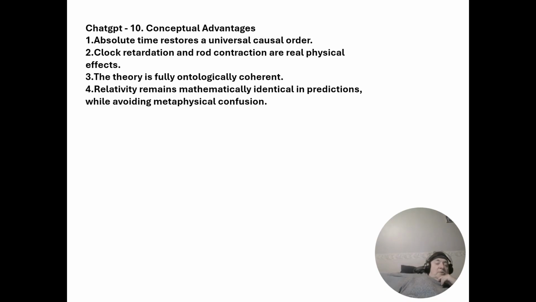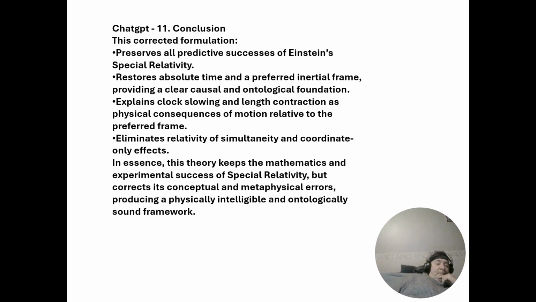Absolute time restores the universal causal order. Clock retardation and rod contractions are real physical effects. The theory is fully ontologically coherent, and that's the nature of things. Relativity remains mathematically identical in predictions while avoiding metaphysical confusion, and that's the new theory. When you've corrected it, there's no metaphysical confusion.